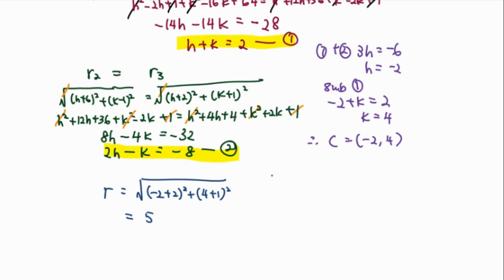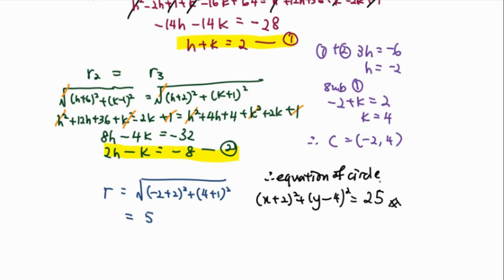Finally, for the equation of the circle, I will give my answer in standard form, where x minus the coordinate becomes (x plus 2) squared, and then y minus the coordinate 4 becomes (y minus 4) squared equals the radius squared. When 5 squared, we get 25. So that will be our final answer for the equation of the circle in standard form.